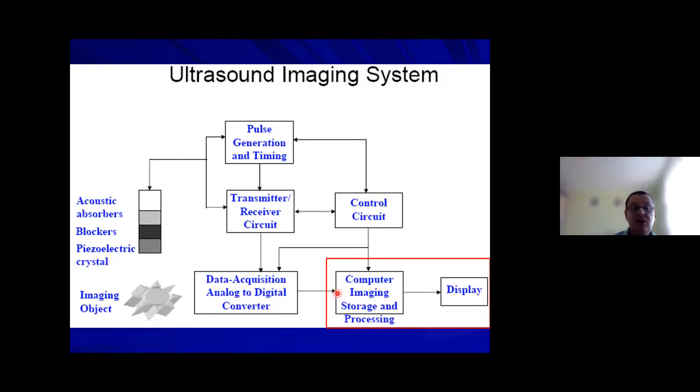And that is actually the answer why three-dimensional and four-dimensional dynamic ultrasound systems were only introduced on the market at the beginning of the 21st century.